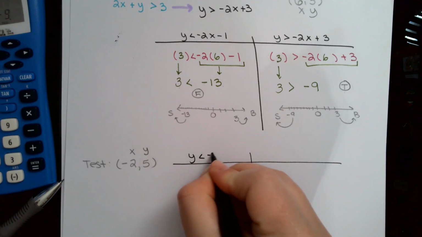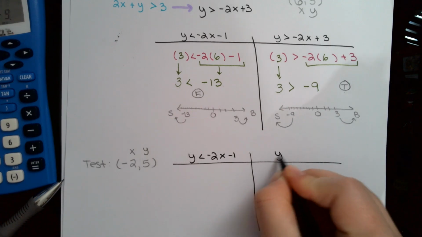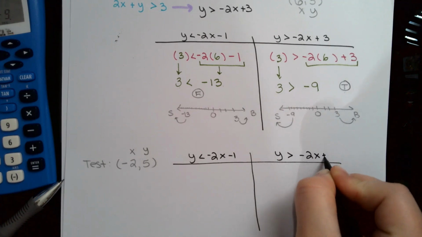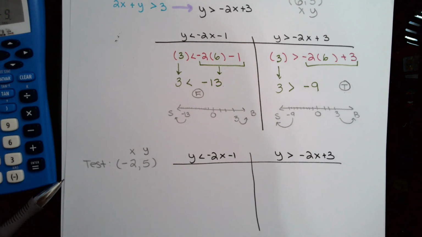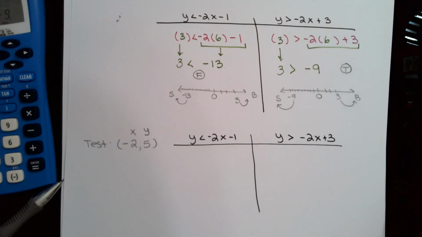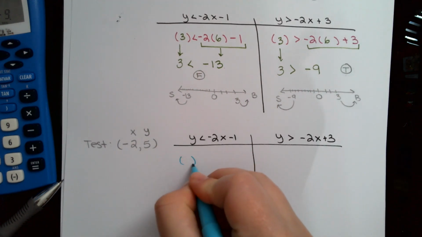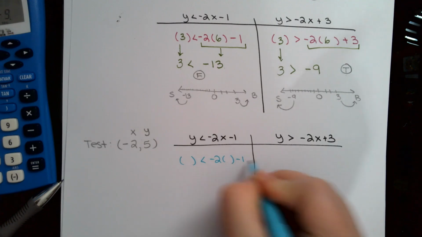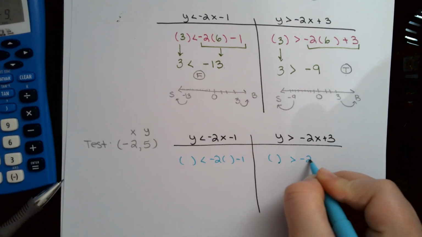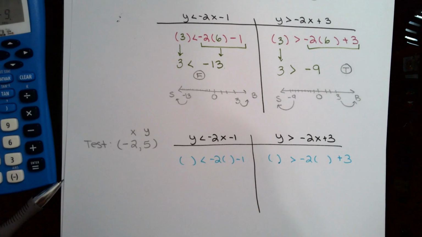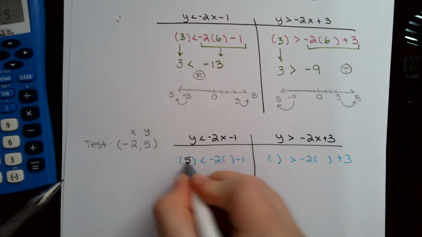So y is less than negative 2x minus 1. Y is greater than negative 2x plus 3. We're going to open for y, open for x, open for y, open for x. Our y is 5.